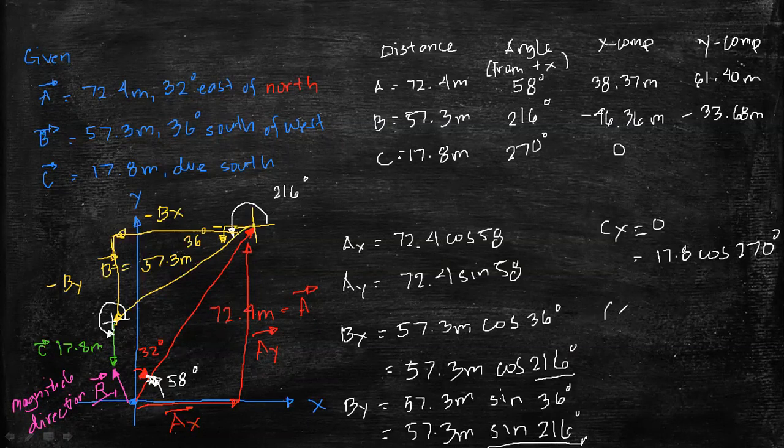Now, for Cy, as you can see directly, vector C has only one component, which is 17.8 meter, which is along the y-axis. Again, vector C is directed downward, therefore it is negative. To check this one, use 17.8 times sine 270 degrees, which gives us the result of negative 17.8.